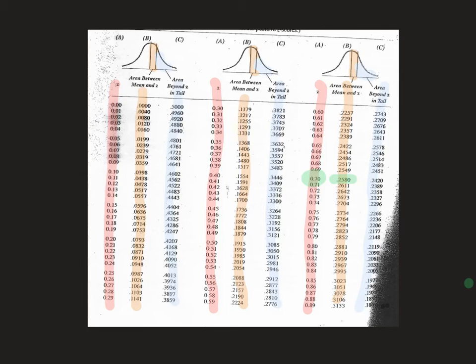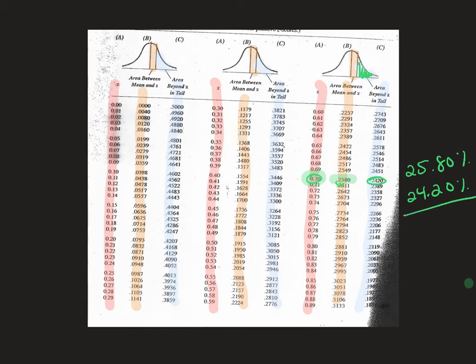Now this is in decimal form, so if I want to convert it to percent form, I just have to move the decimal place over 2, and that gives me 25.80%. What if I wanted to know the area from a z of 0.7 out to its tail? Well, then I would look in the tail region of my chart, and that tells me that 24.20% of the area of the curve is from a z of 0.7 out to its tail.